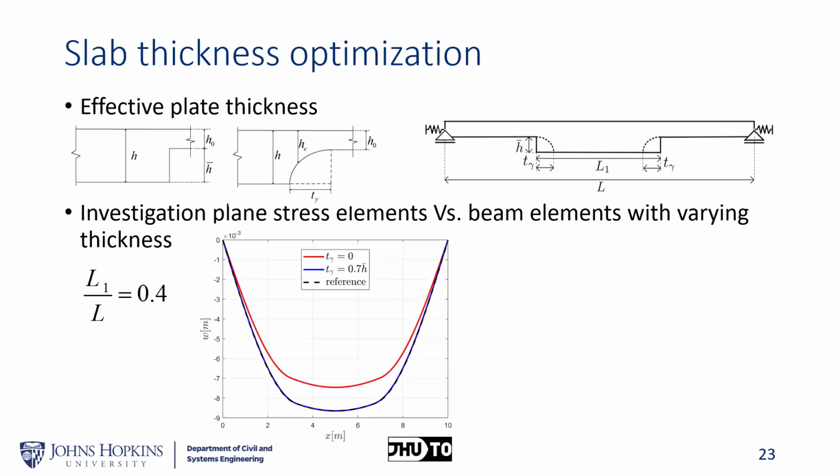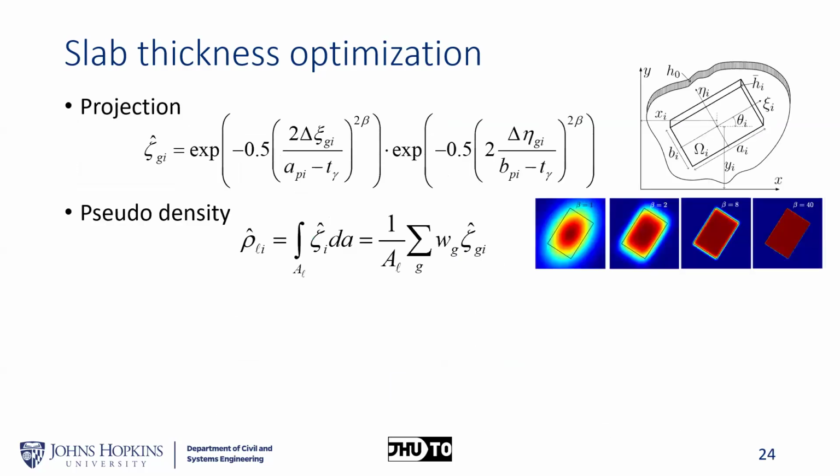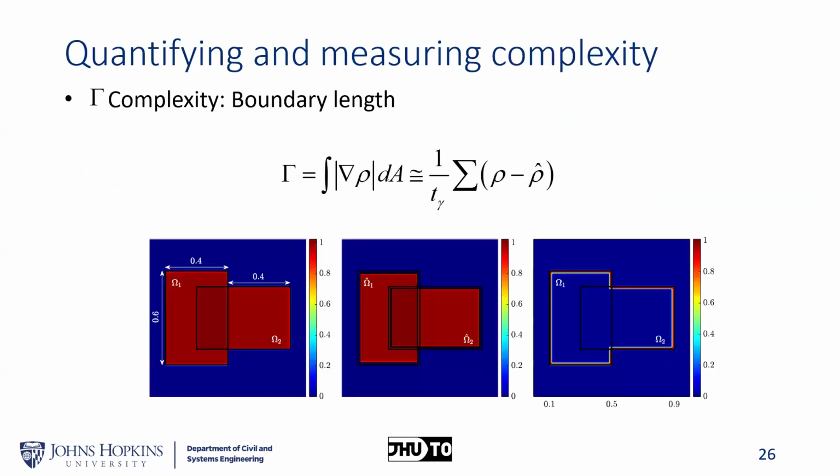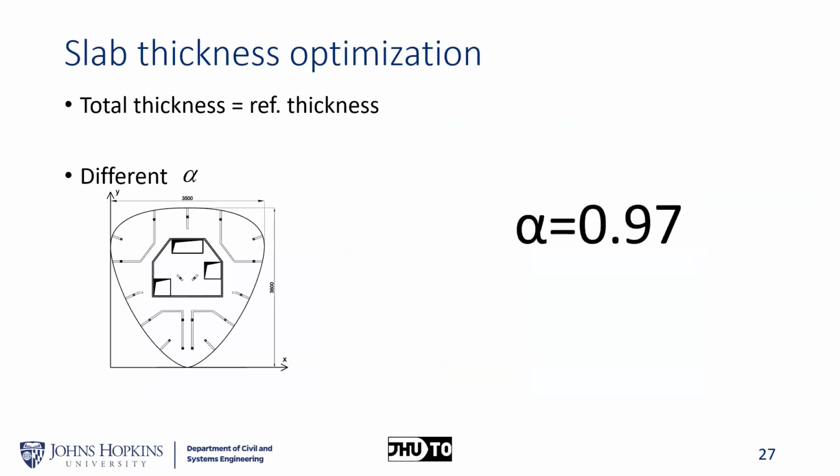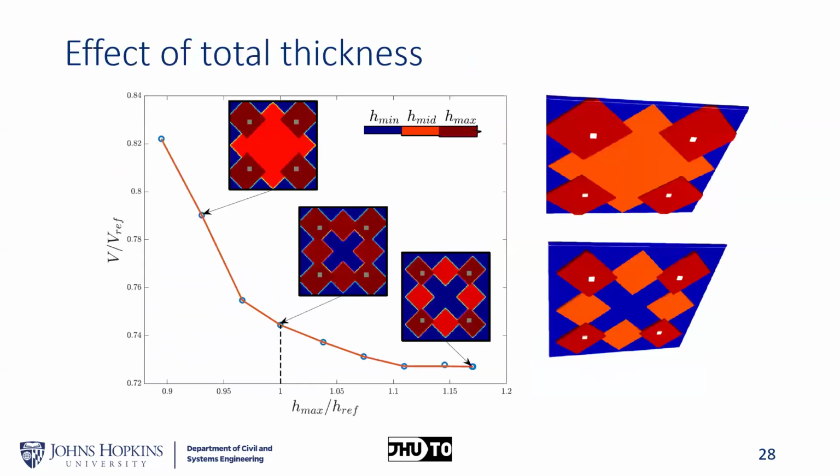Yeah, here, this slide. You have shown us three different thicknesses for the different components, right? Yeah. So is it also an optimization variable?